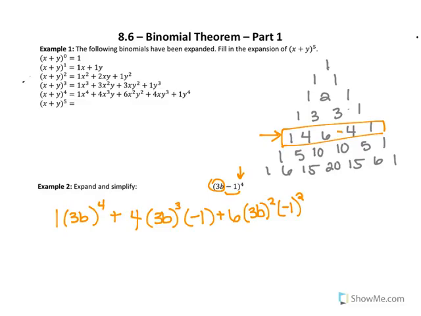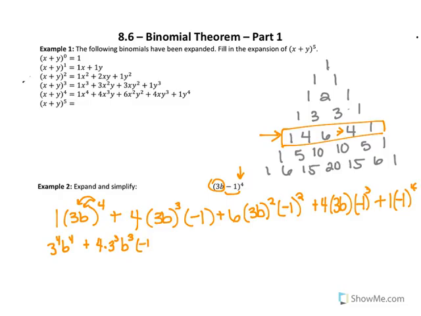Then our next number is 4, so plus 4. 3b is down to a 1, and negative 1 is up to a 3. And our last term is 1, and we have negative 1 to the power of 4. Now we can simplify. Don't forget to distribute that to the power of 4 in. So we have 3 to the power of 4, b to the power of 4, plus 4 times 3 to the power of 3, b to the power of 3, times negative 1.